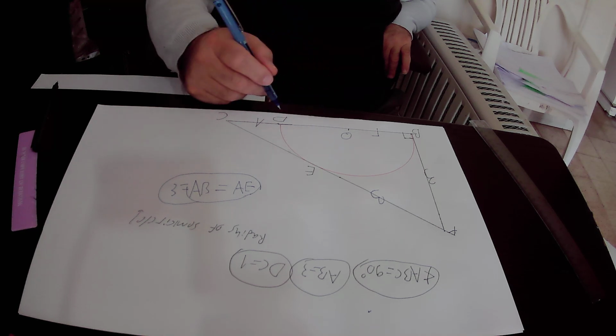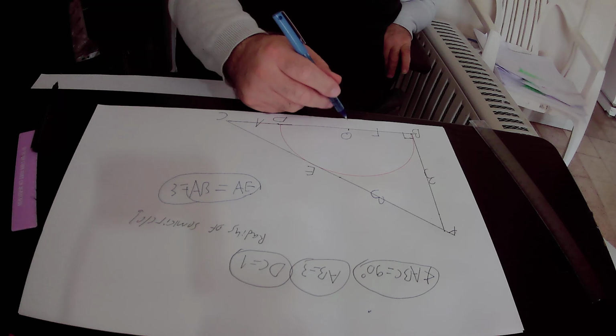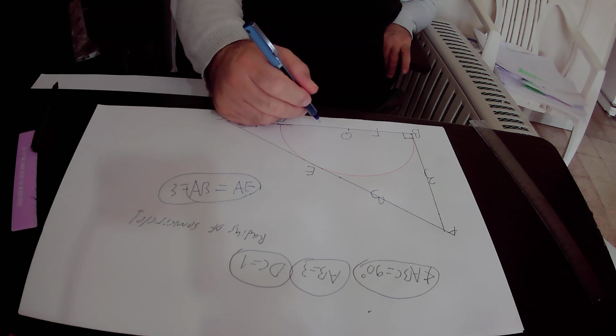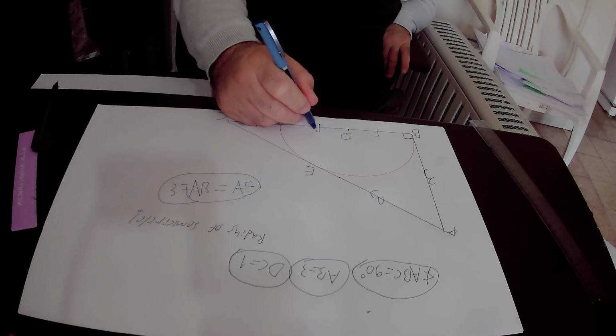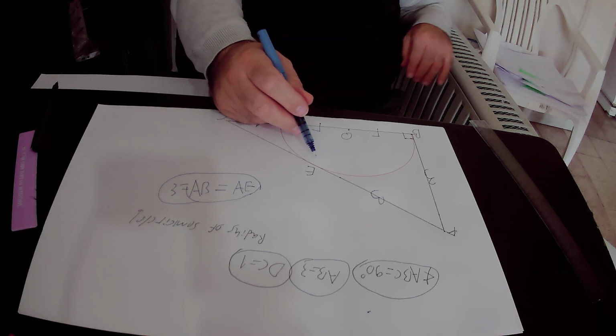Likewise, OD is also the radius of this semicircle, because it starts from the center of the semicircle and ends at point D, that is a point on the semicircle itself. Therefore, OD equals R. Then we will join points O and E by a straight line.